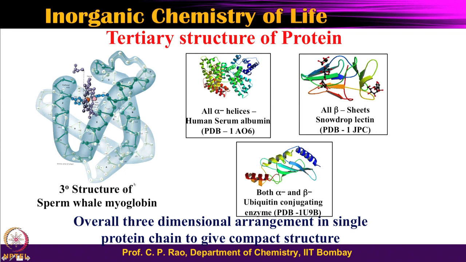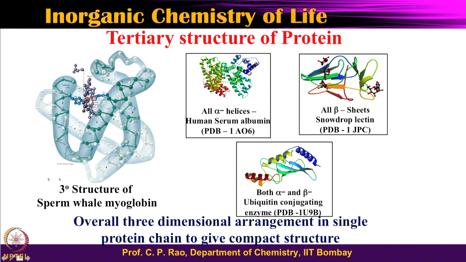Once you fold the entire protein, you get a topological structure, which in turn is stabilized by secondary structures, and the secondary structures are dictated by the protein sequence that we have and the turns that can take place. So, in a tertiary structure you have the topological features of the total structure.